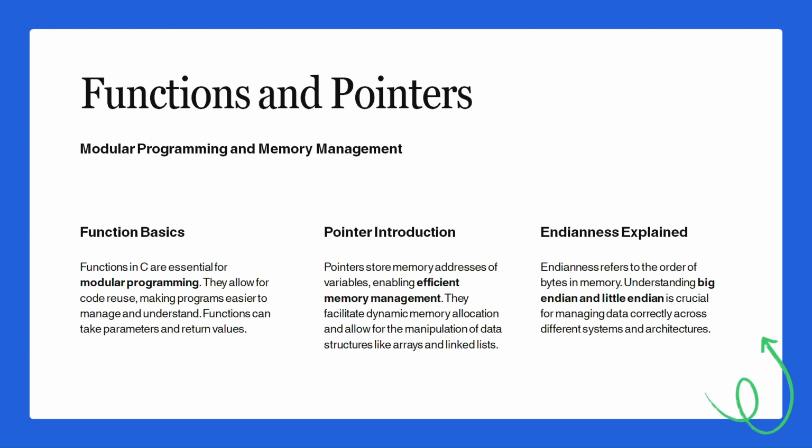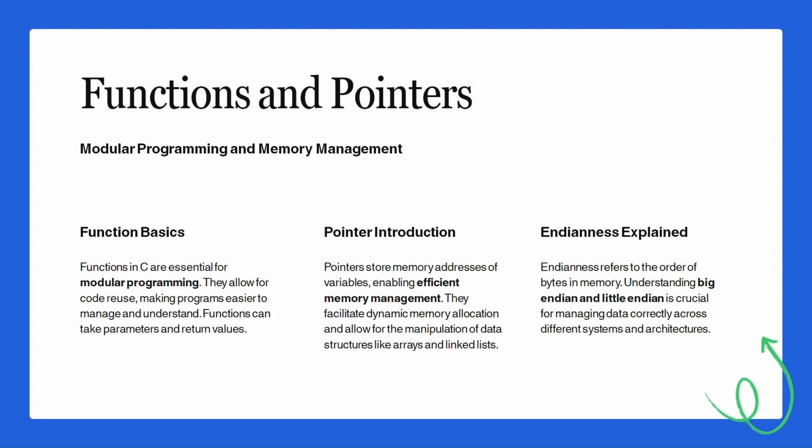Pointers store the memory addresses of a variable and enable efficient memory management. They facilitate dynamic memory allocation (DMA) of data structures like arrays and linked lists. Arrays are also important in C programming, storing the address, and the linked list is also like a queue.